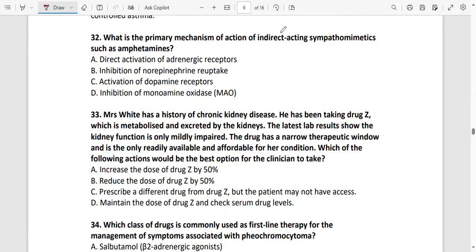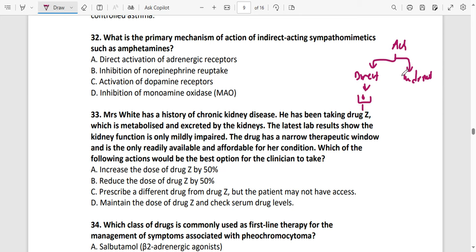What is the primary mechanism of action of indirect acting sympathomimetics? Let me talk about acetylcholine first, so that this is not confused. This is about adrenaline. For the drugs that work like acetylcholine, which are the parasympathomimetics, you have the direct acting and the indirect acting. The direct acting go and attach to the receptor where acetylcholine attaches.